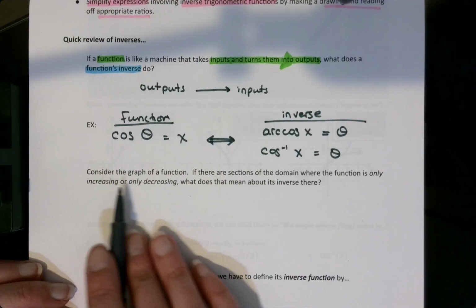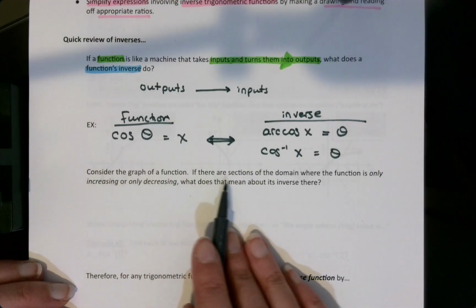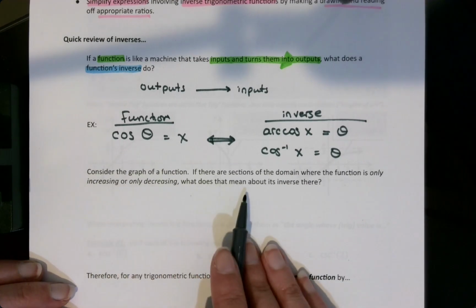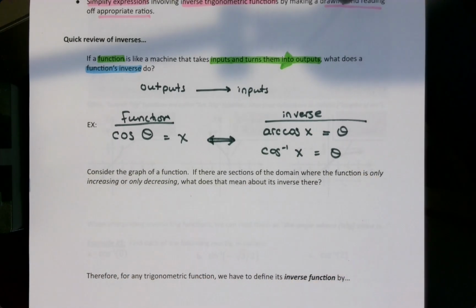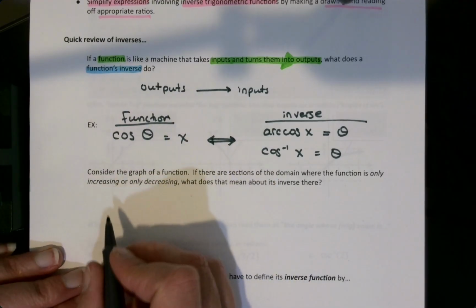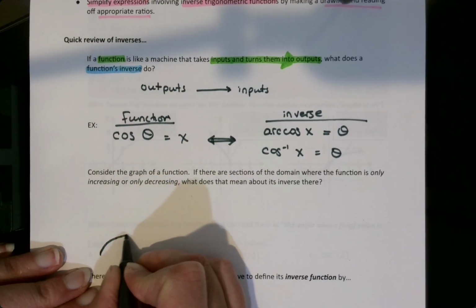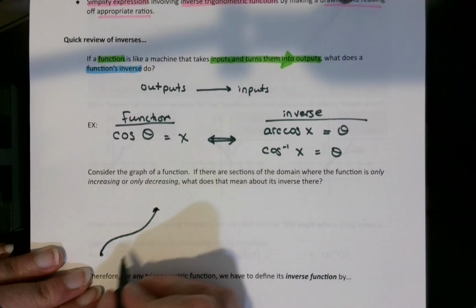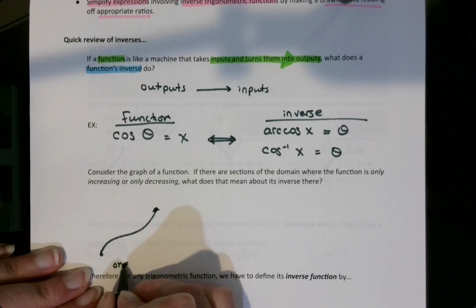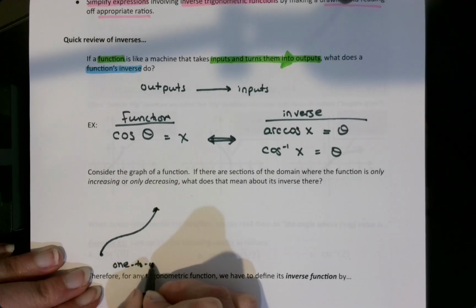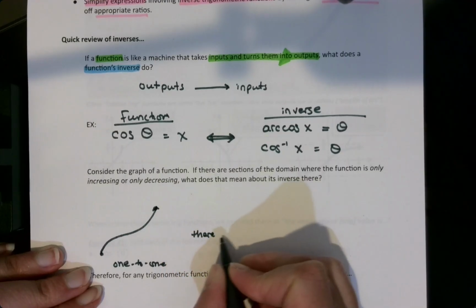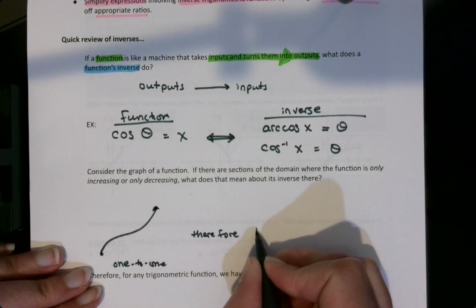All right, so considering the graph of a function, if there are sections of the domain where the function is only increasing or decreasing, what does that mean about its inverse there? We had this definition a while ago. We said that if the function is only increasing on a particular region, then this graph is 1 to 1 on that region, and therefore the inverse exists.